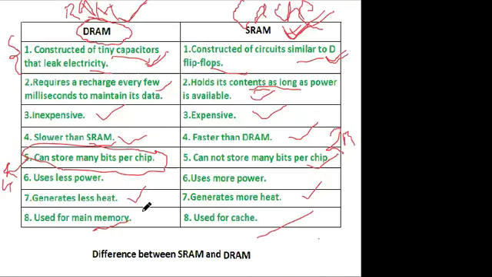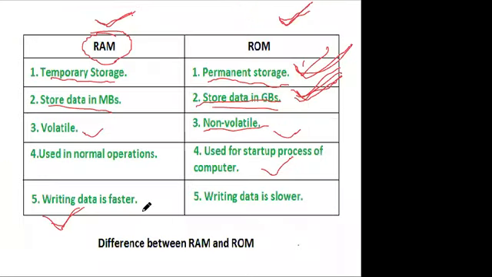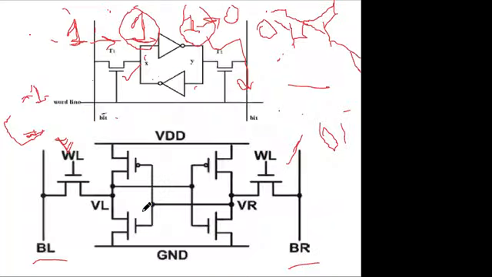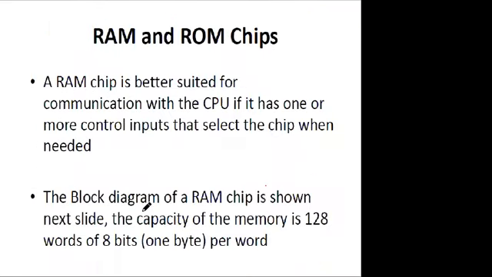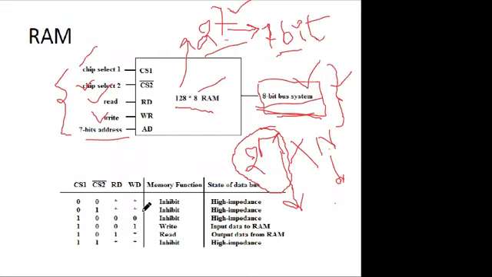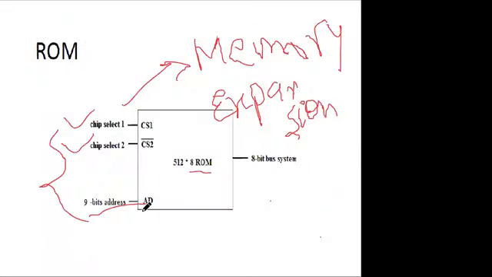RAMs were classified into two categories, DRAM and SRAM. Then we discussed the difference between RAM and ROM. Then a basic circuit implementation of how a read and write operation is performed in a static RAM, then a dynamic RAM. And what is the structure, the basic memory design of a RAM and a ROM.